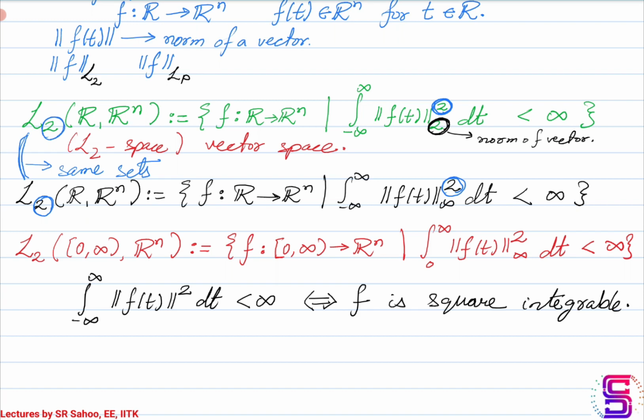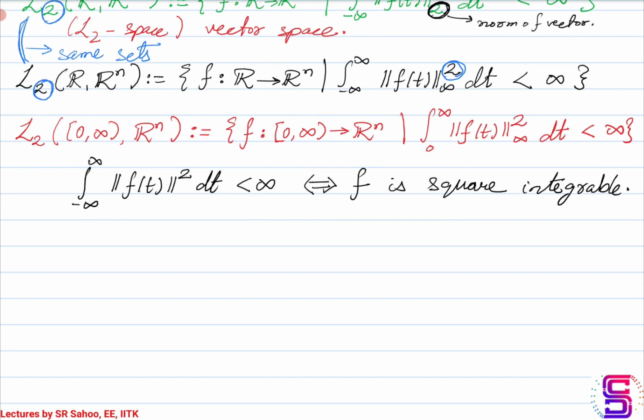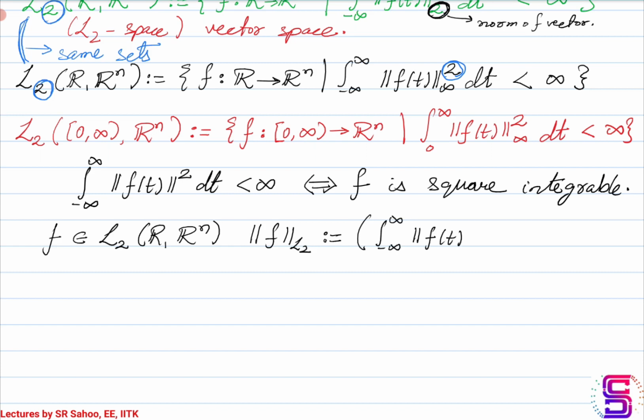So for f belonging to L2 from R to Rn, the L2 norm of f is defined as the integration from minus infinite to infinite of the p norm of f of t, squared, dt, raised to the power half.